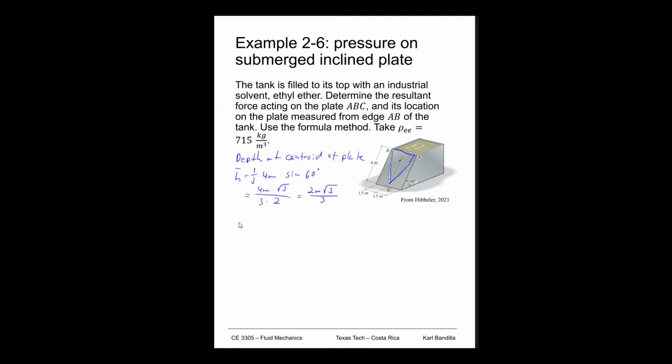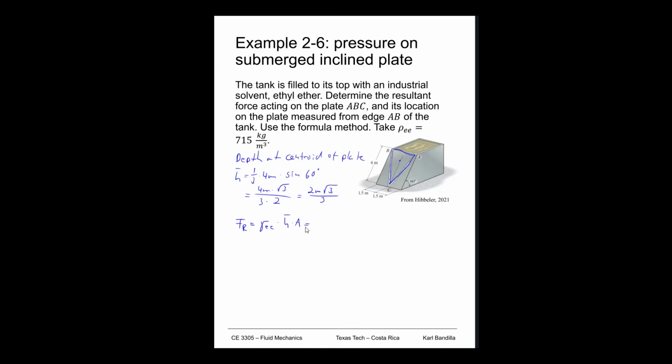All right, so that means we can find our resulting force, Fr. That is equal to the specific weight of whatever we have here. This is ethyl ether, so EE, times our H bar that we just calculated times the area of our triangle.